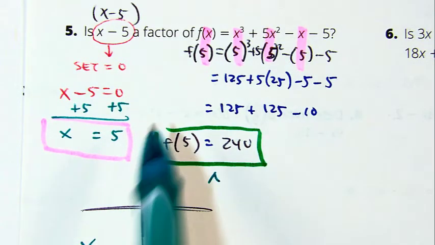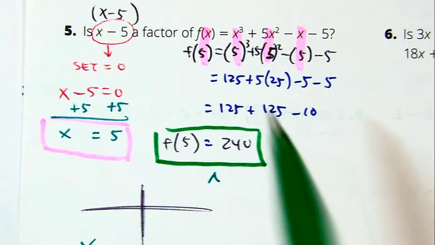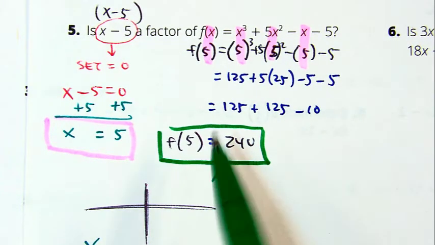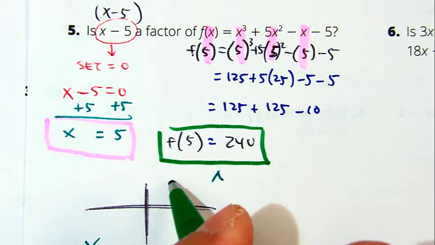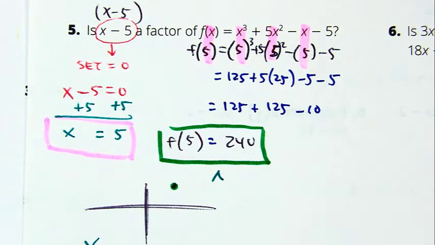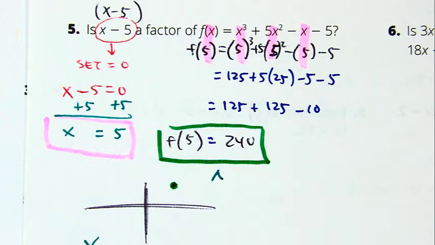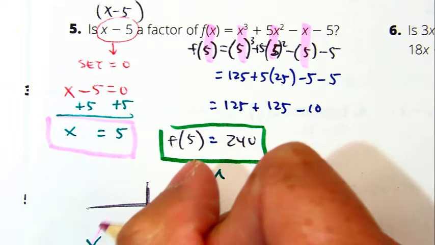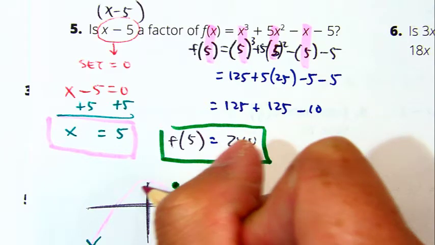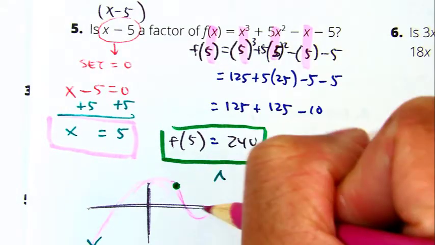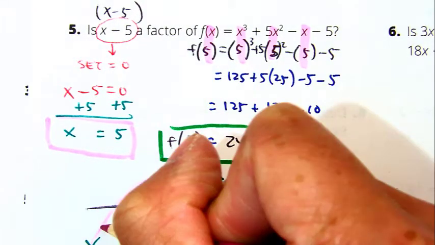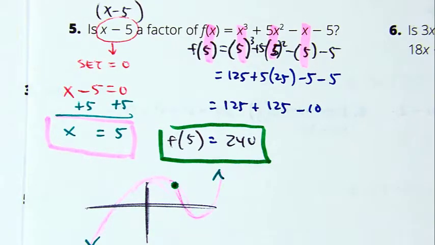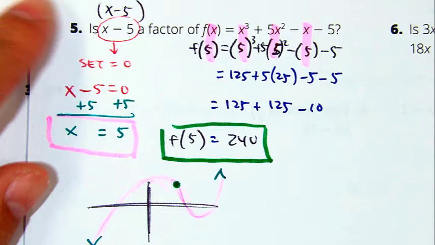If I graph the ordered pair 5, 240, my graph has to go there. So if I sketch a graph now, and from last week, we kind of made a line through x equals 5.